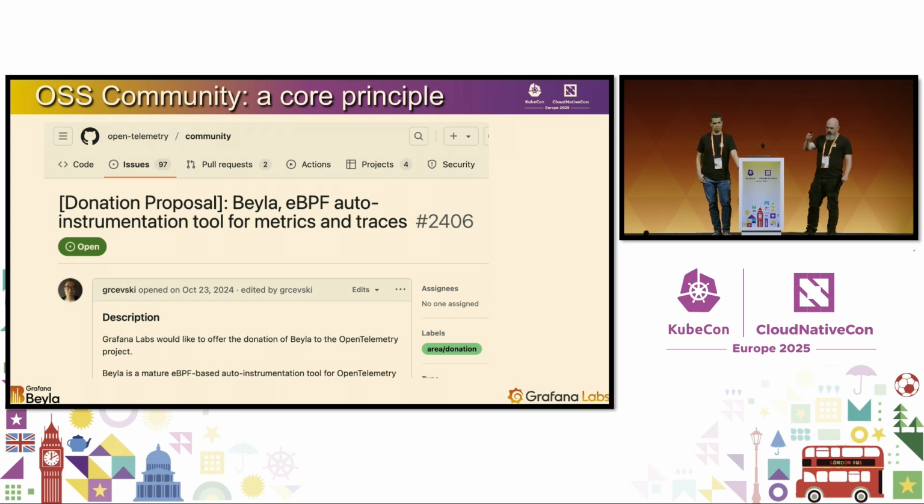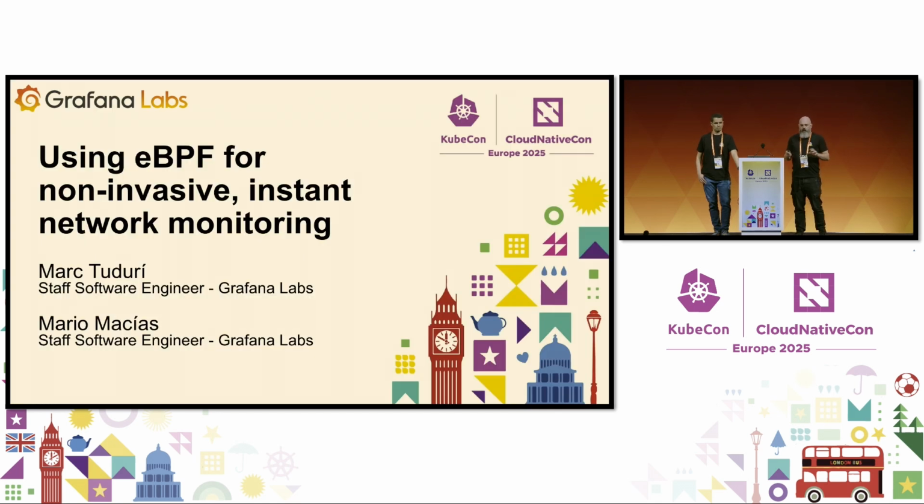Thankfully, the donation is very well accepted, and in the upcoming months we plan to finally set up the whole community around what would be the eBPF auto-instrumentation OpenTelemetry project. And that's it, thanks a lot for your attention, and if you have questions, please.